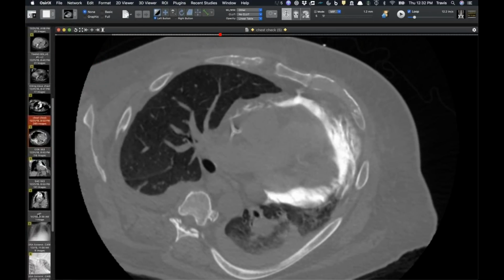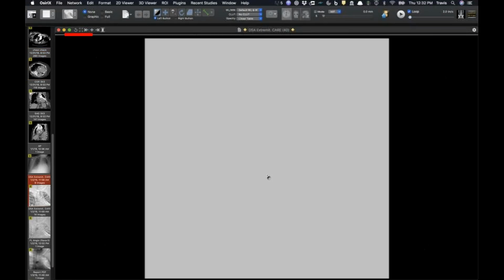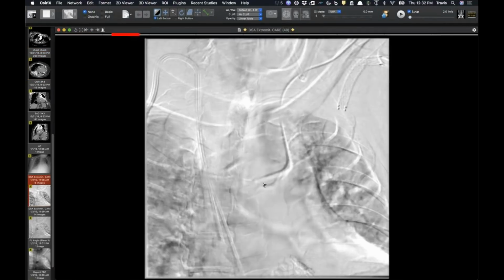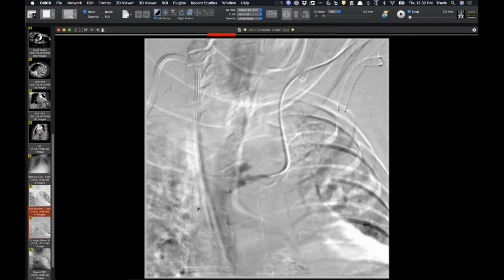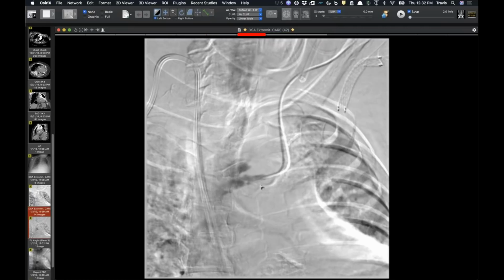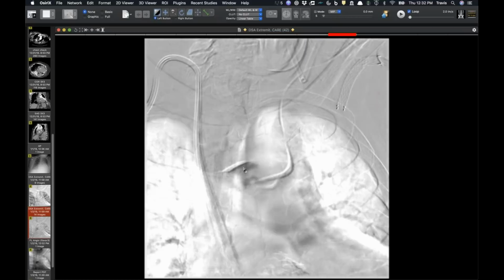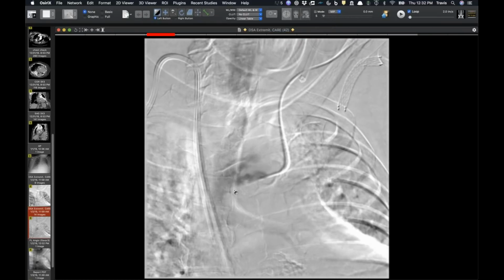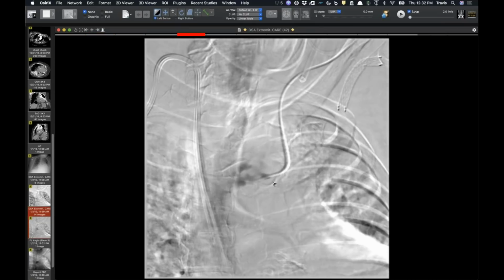So he ended up going to the OR yesterday. They did an angiogram to treat his lower extremity ischemia, and they decided to do a venous angiogram at the same time. They injected all three of the ports, or tried to, and you can see when they injected the third port, which is the most distal tip, a lot of the contrast is collecting outside of here. When they injected the most proximal one, which actually was the only one that flushed, it would go only in the veins.